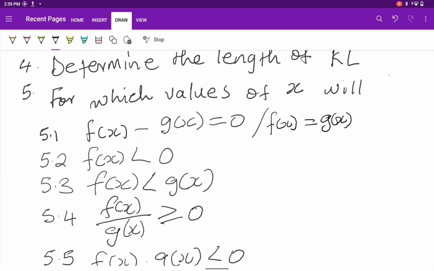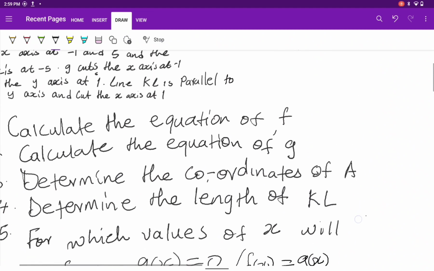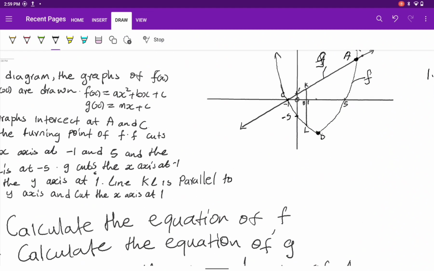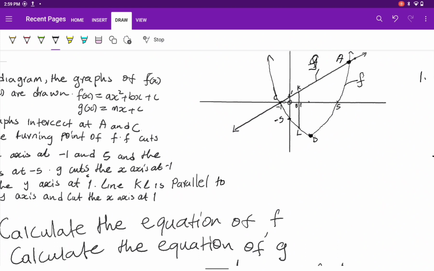So in other words, we simply want where the two graphs are equal. If we look at our graphs, we already know where they are equal. We want the x values. It's at x is negative 1, and we saw here the coordinates of A are 6 and 7, so it's at x is 6.